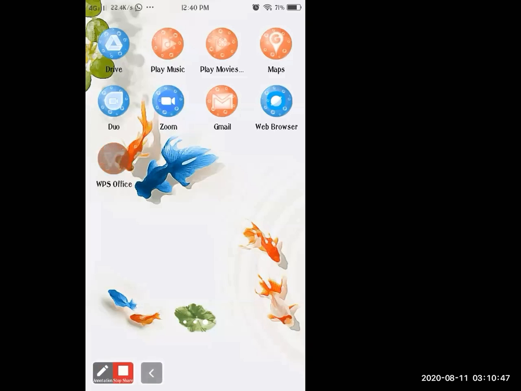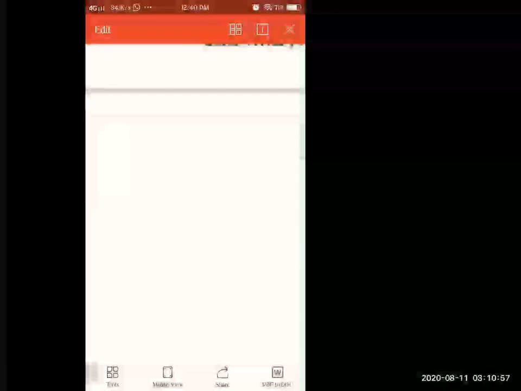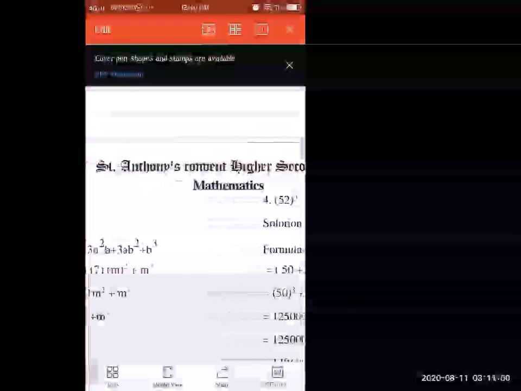Okay, I am sharing my screen. Now we are going to start with 5.3, my first sum. I hope everyone is able to see that.